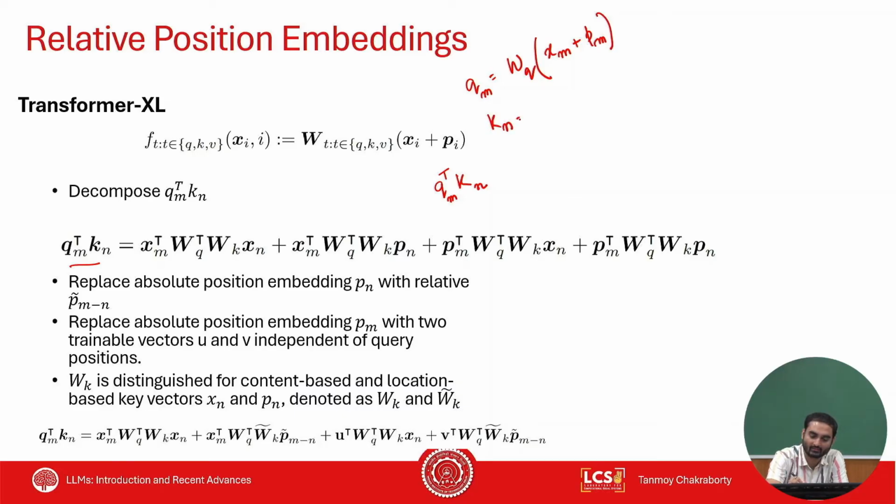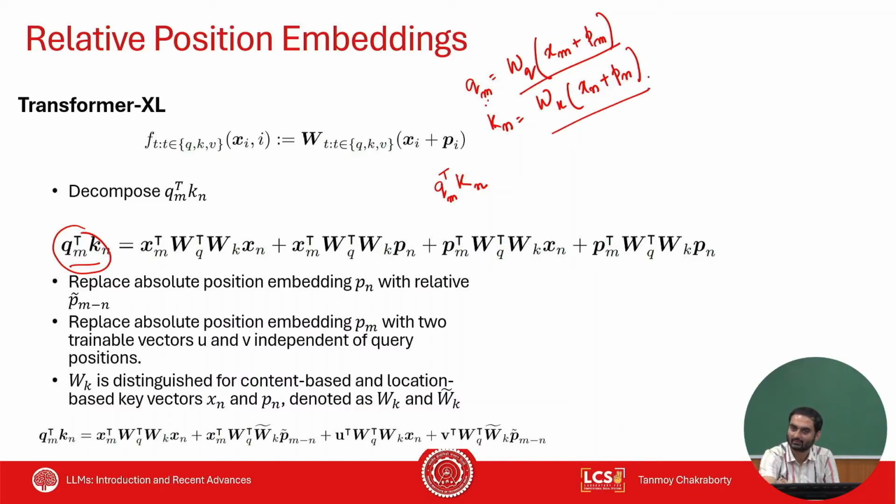What was k_n? k_n was W_k (x_n + p_n). Let us just unfold this. When we take the dot product of this and this, you are basically multiplying the transpose of this and this, because q transpose k is basically (A + B) transpose times (C + D). Okay, and this will result in 4 elements. So these are the 4 elements.